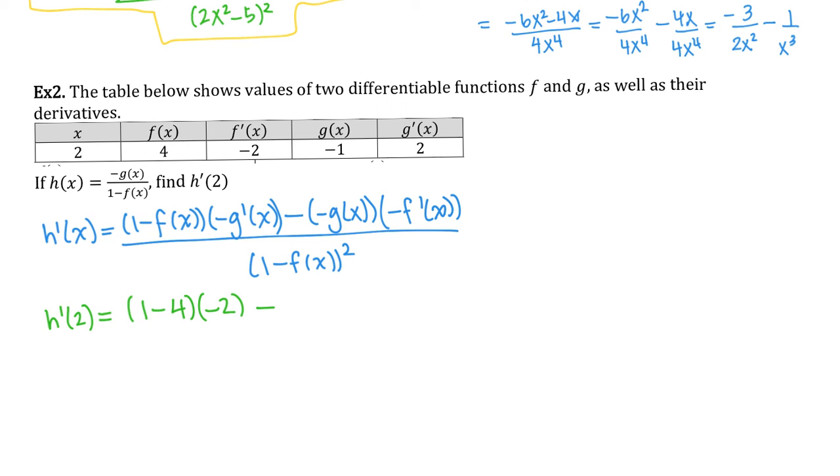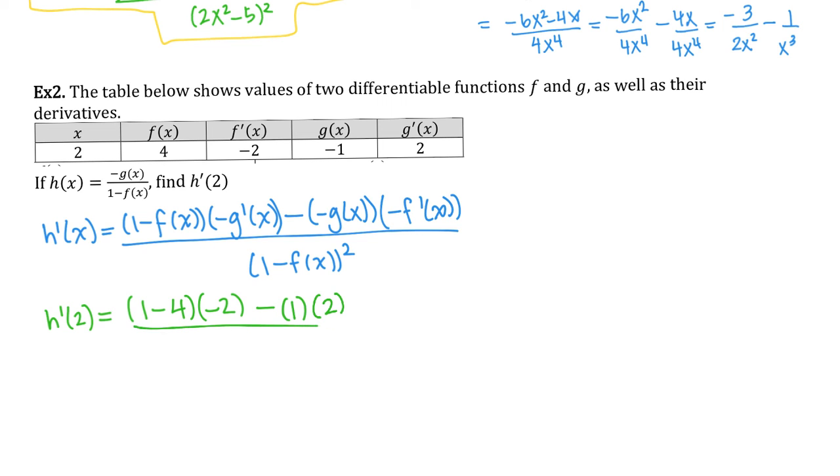minus negative g of x. Negative g of 2 is negative 1, so if I do negative 1, I'm going to get 1 times negative f prime of 2. See, f prime of 2 is negative 2, so negative 2 is going to give me 2.